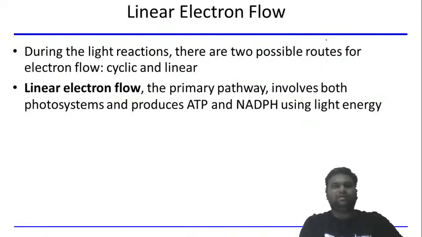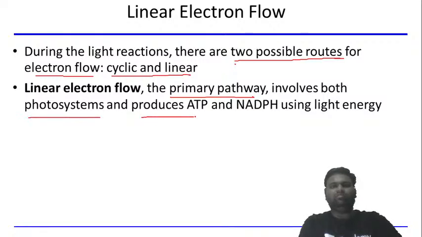So during the light reactions, there are two possible routes for electron flow. One is cyclic, another one is linear. Linear electron flow, the primary pathway, involves both photosystems and produces ATP and NADPH using light energy.